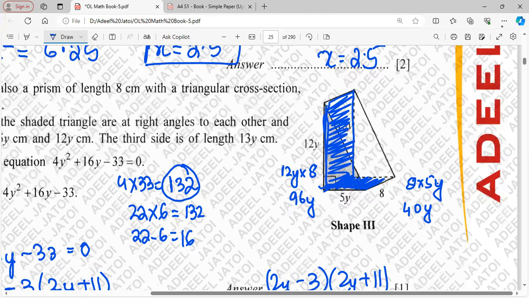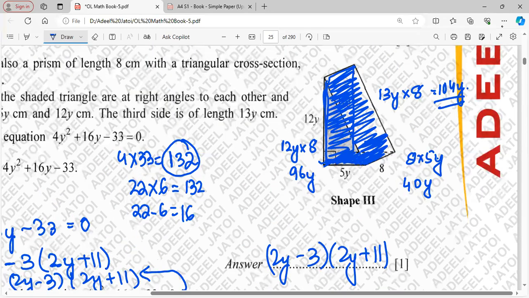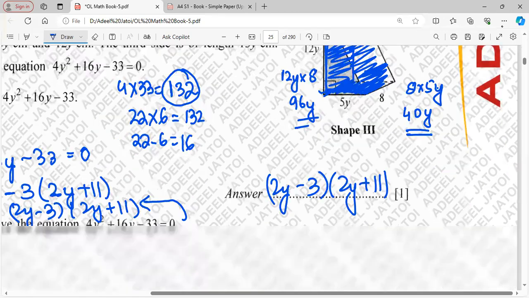Then we can also find the slanted length, that is 13y into 8. 13y into 8 is 104y. So what we do have is 104y, 40y, 96y.